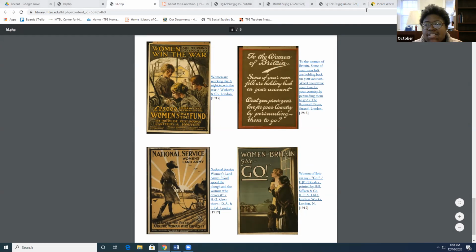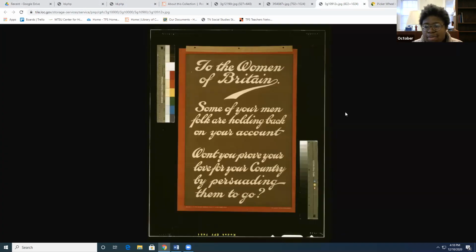There was this one from Britain, and it says, "To the women of Britain, some of your men folk are holding back on your account. Won't you prove your love for your country by persuading them to go?" So I thought this poster was interesting, just telling women that part of their role in participating in the war is convincing their men to fight.